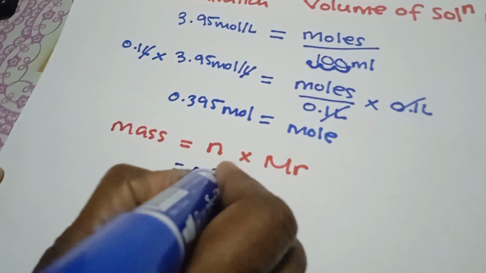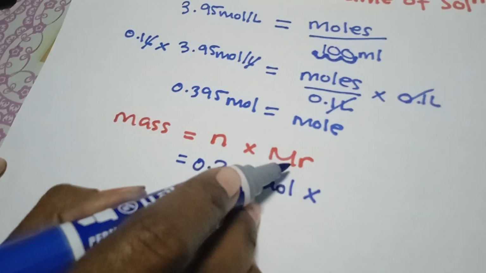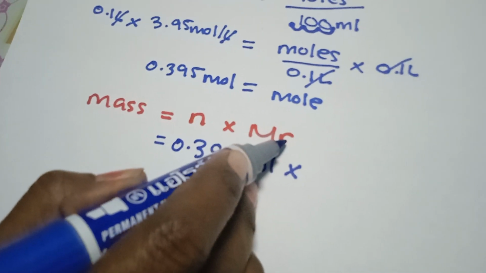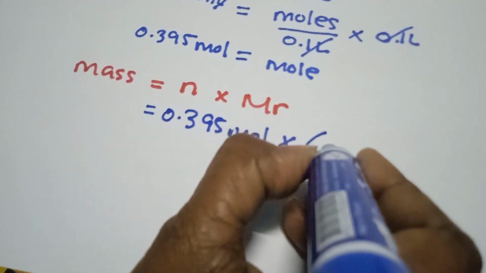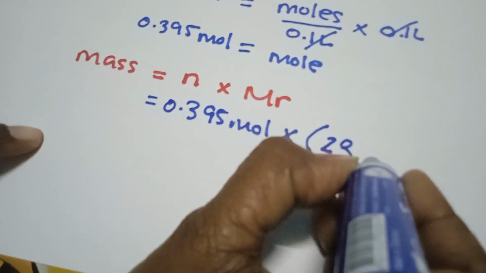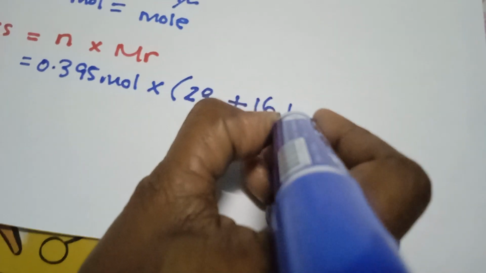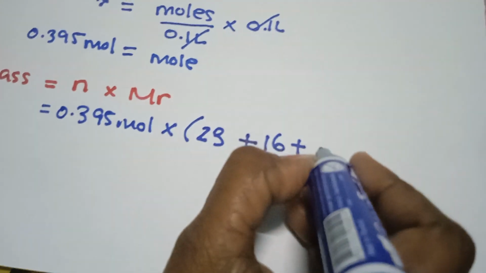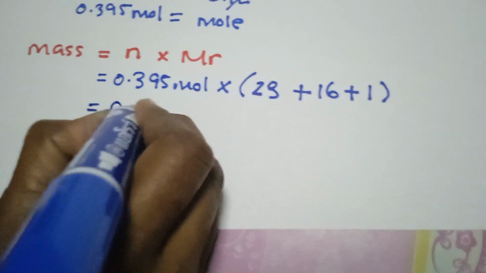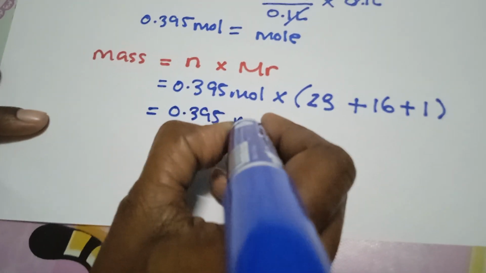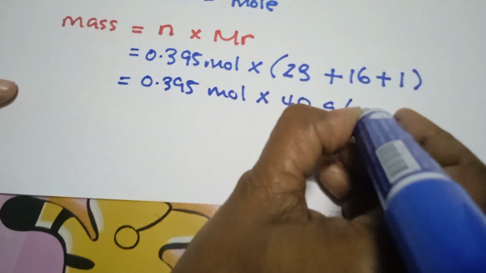So it will be 0.395 mole, and then we multiply by the molar mass. That's the molar mass of sodium hydroxide. So the molar mass of sodium hydroxide, you have sodium as 23 grams per mole plus oxygen, which is 16, plus hydrogen, which is 1. Okay, so it will be 0.395 mole times 40 grams per mole.